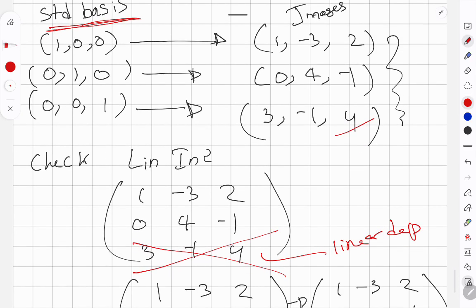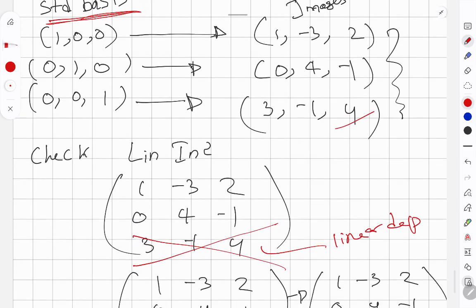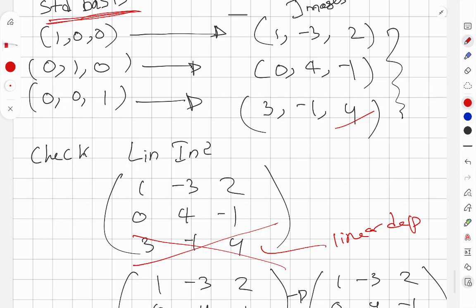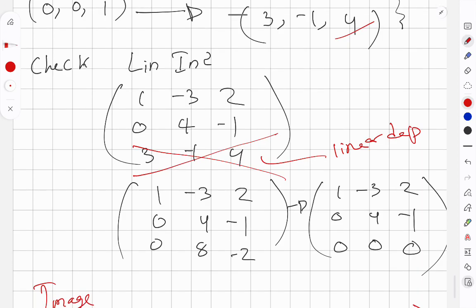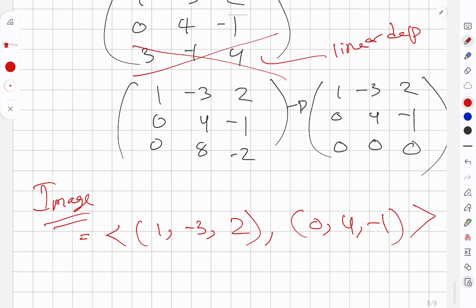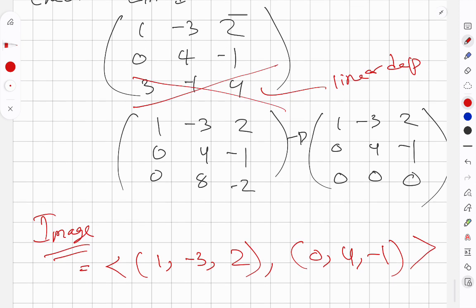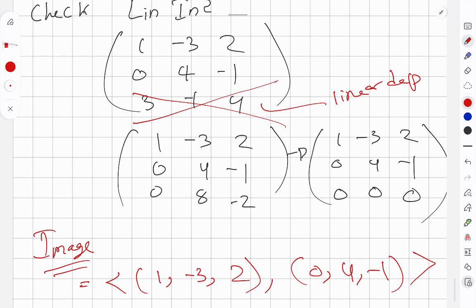But before declaring them as the images, I have to check whether something is linearly dependent. If it is, it's useless to write there, and my solution will not be accurate because I'm putting in the basis.